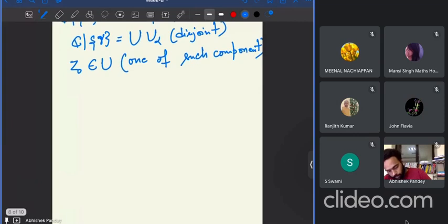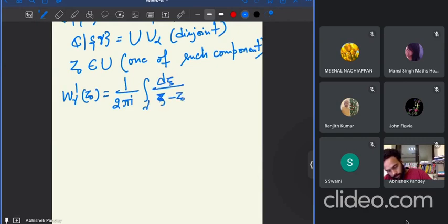So what do we get? This W gamma of z naught is nothing but 1 upon 2 pi i integral over gamma d xi upon (xi minus z naught) whole square.